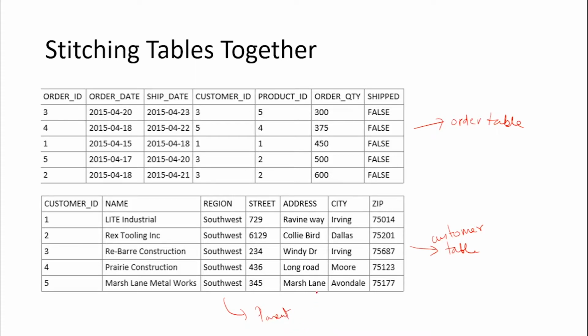But as you can see, in the order table we have a customer ID, which is referencing the customer table. So therefore this becomes a child. That's how we refer to tables when we are trying to stitch or join tables.